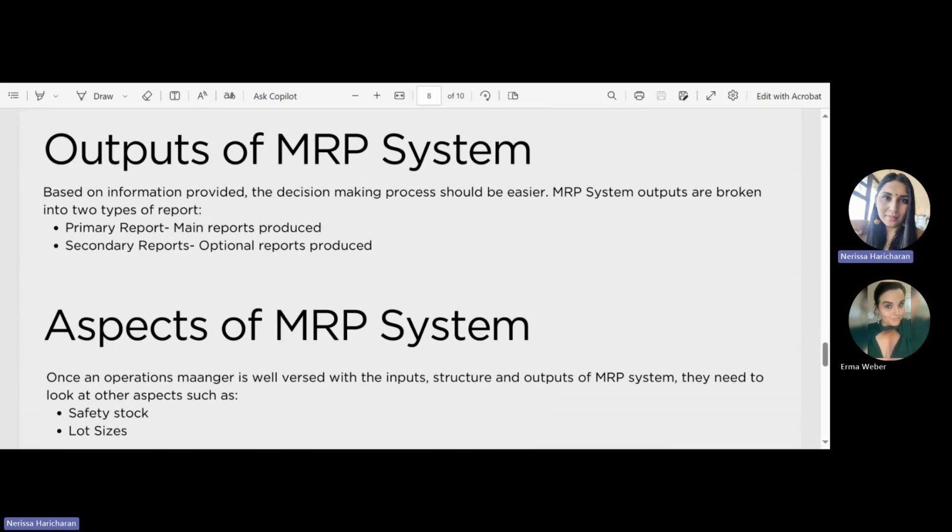Number one is safety stock. As a result of having a good MRP system, no business with dependent demand should hold safety stock below the finished product level. The reason for this is you need to be able to predict precisely how much stock is required so that you're not sitting with too much safety stock.